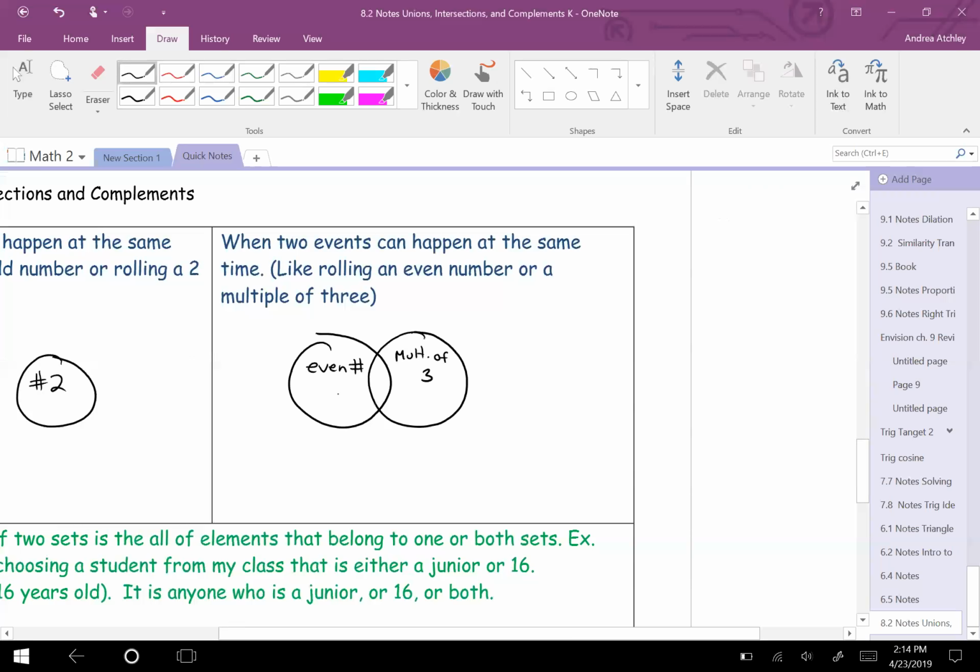So even numbers would be 2, 4, and 6, but 6 is also a multiple of 3. So this would be the overlap. Does that make sense? So that would be not mutually exclusive when they both can happen at the same time.